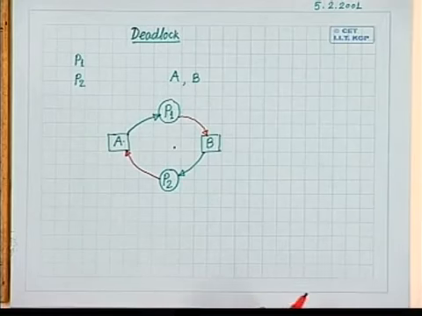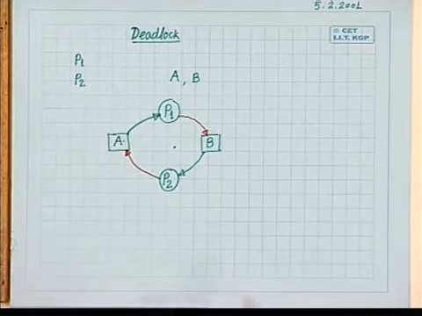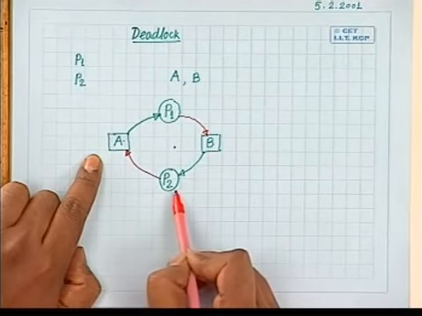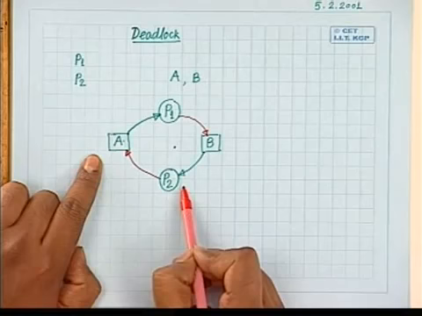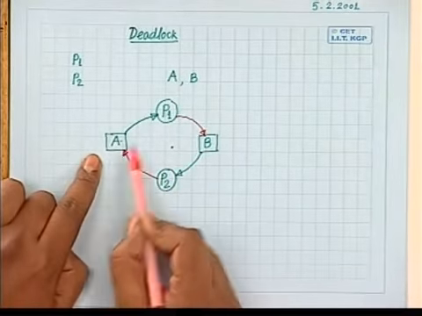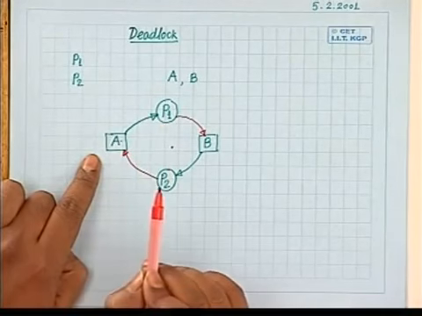So, you find that we have a funny situation, that P1 has acquired A, waiting for B, which can be released only by P2 after its completion. P2 has acquired B, waiting for A, which is to be released by P1 after its completion.